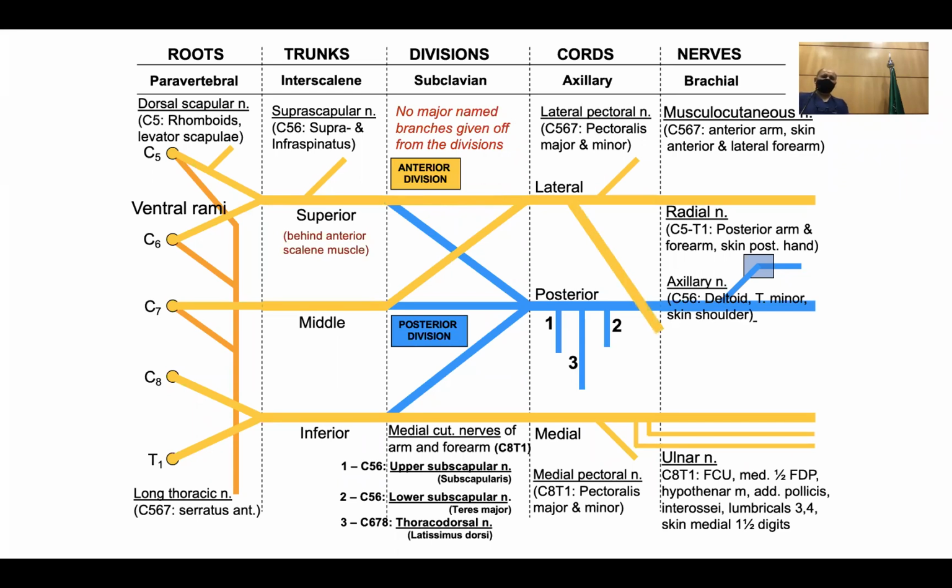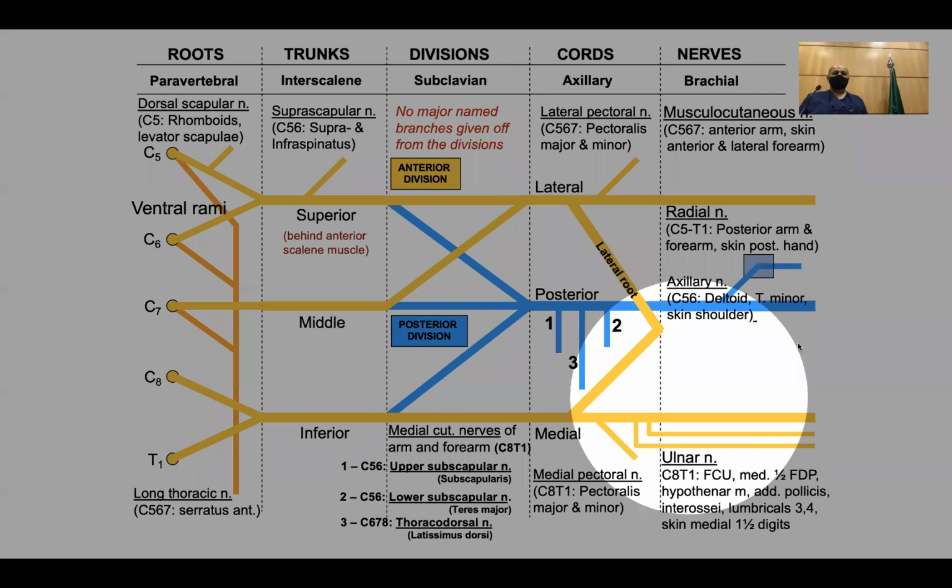So now the story is not complete. From the lateral cord and from the medial cord, I take one contribution each. Before saying that, my lateral cord continues as the musculocutaneous nerve. You remember that?